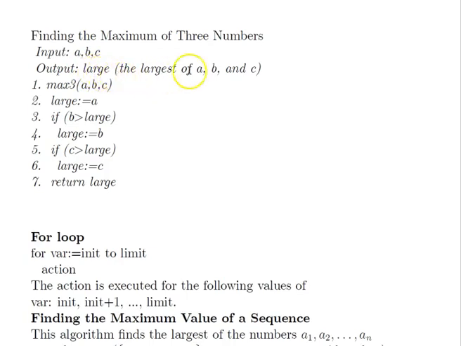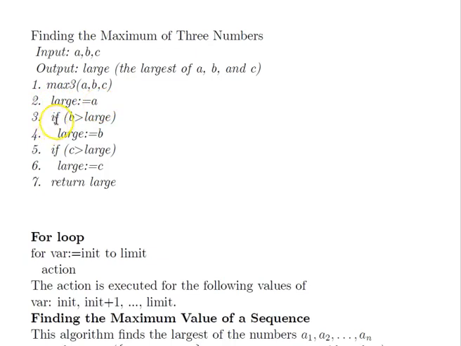And in large you'll have the largest of the 3 numbers. First row, max 3, a, b, c. This max 3 is the name of the procedure. A, b, c is the input.